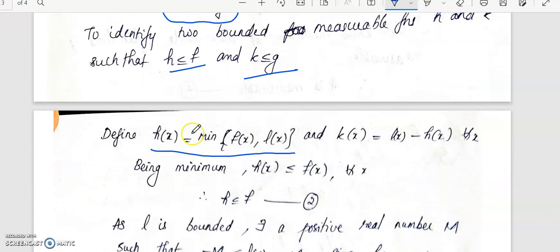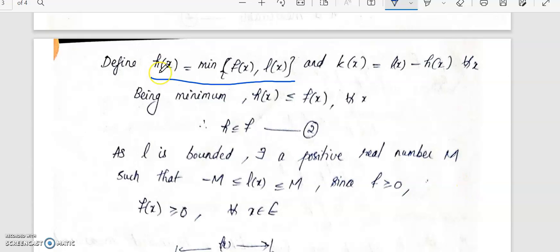I'm going to define h of x to be the minimum of f of x and L of x, and k is defined as L of x minus h of x for all x. So this is going to be the definition of h and k.